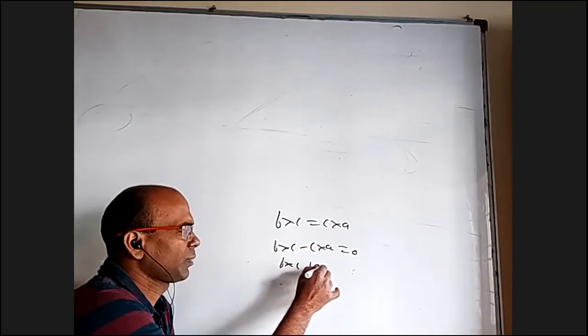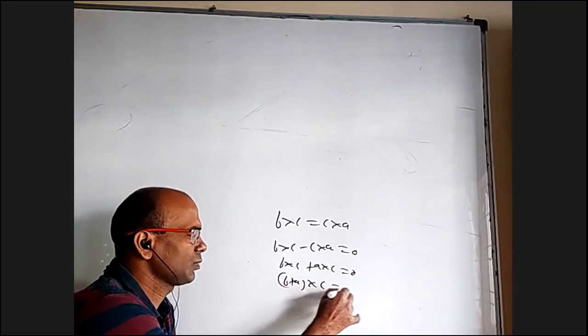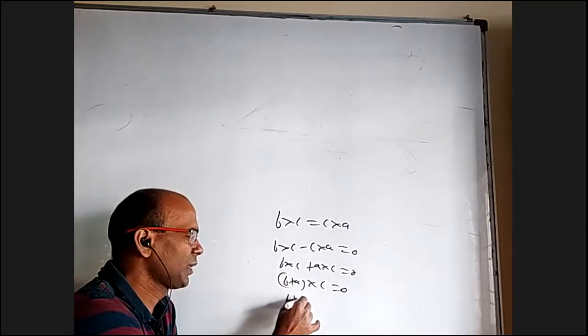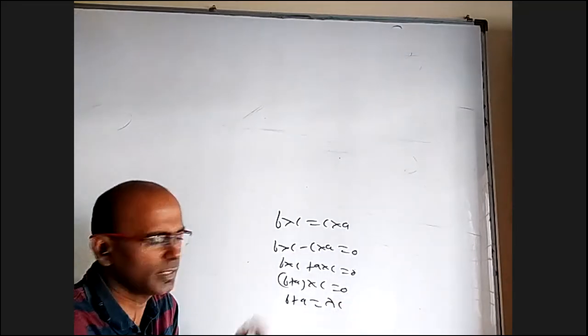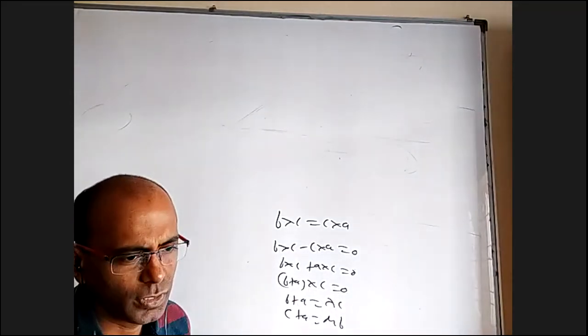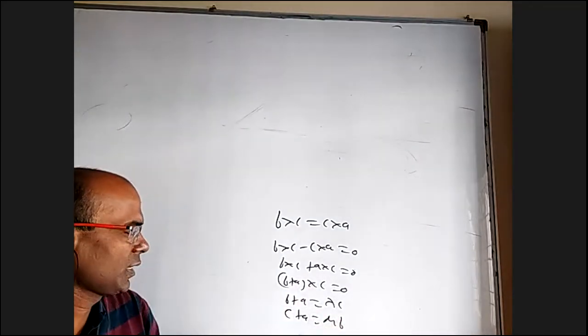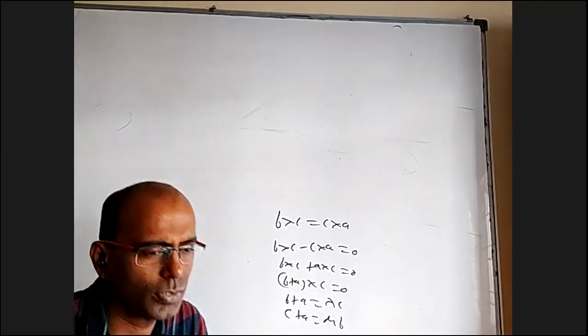Minus c cross a, you can write plus a cross c equal to 0. That is b plus a cross c is 0. That means they're parallel, so b plus a equals lambda c. Similarly, you may get c plus a equals some mu b. By subtracting, it can be proved that lambda must be minus 1, mu must be minus 1. You bring one side, you will get a plus b plus c.